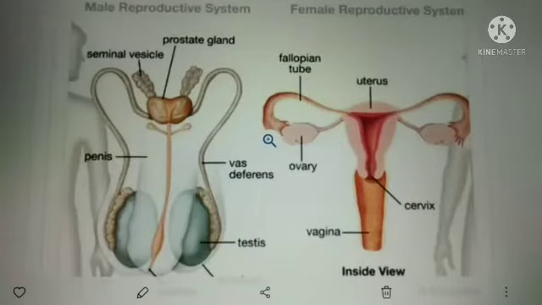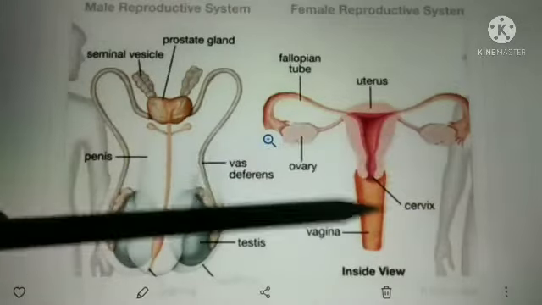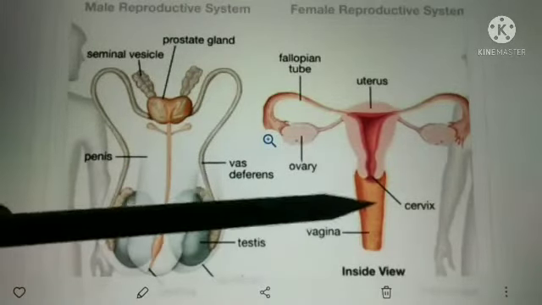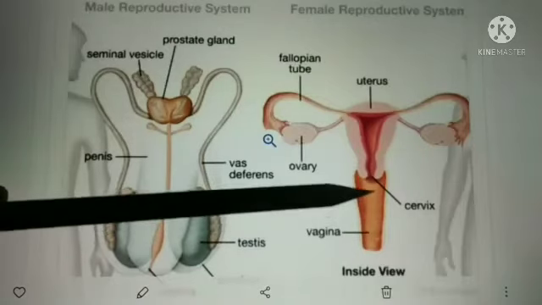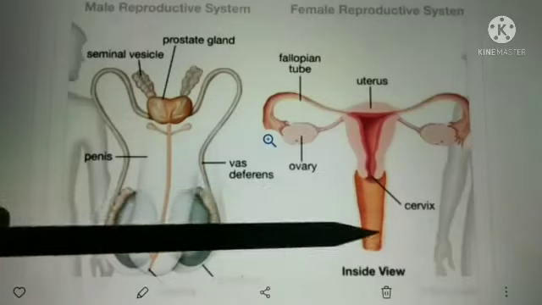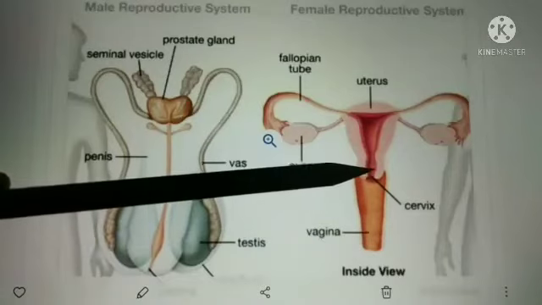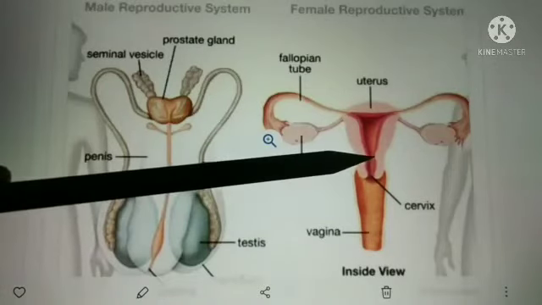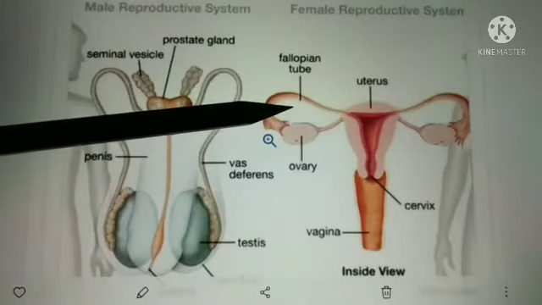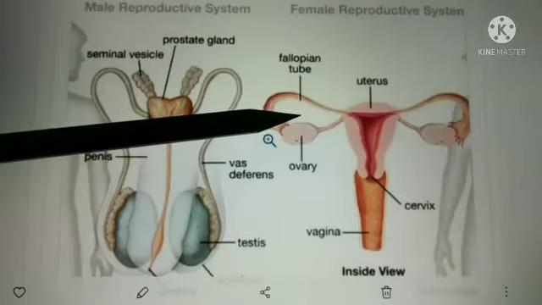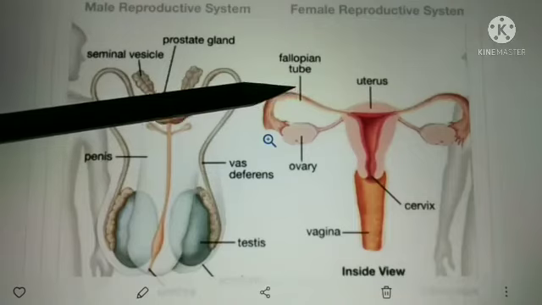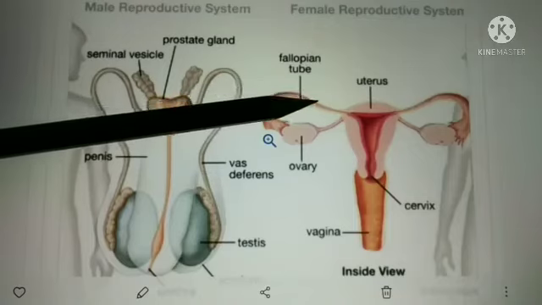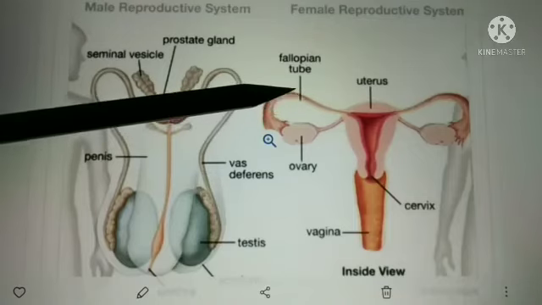Next, what is fertilization? During intercourse, the penis releases semen into the vagina. Semen contains millions of sperm cells. From there, they can enter the fallopian tube. When a sperm enters an egg cell, they unite and the fusion is called fertilization.